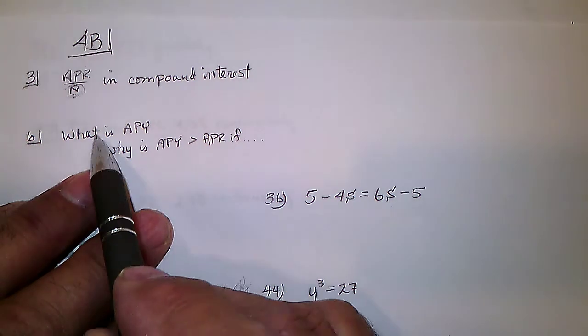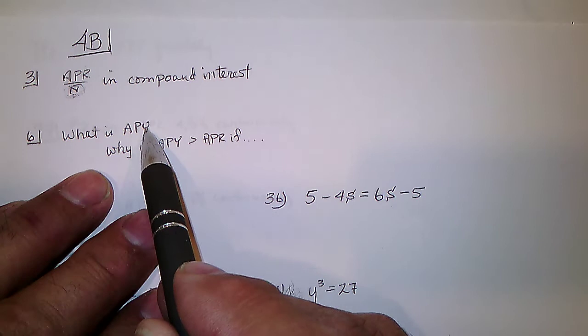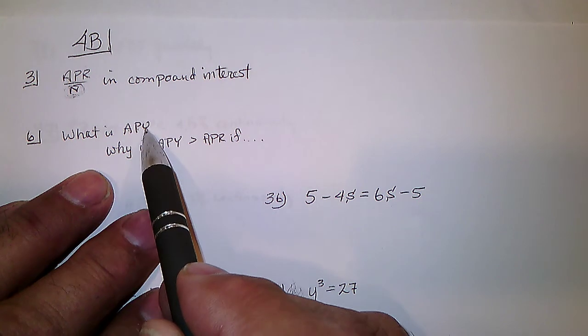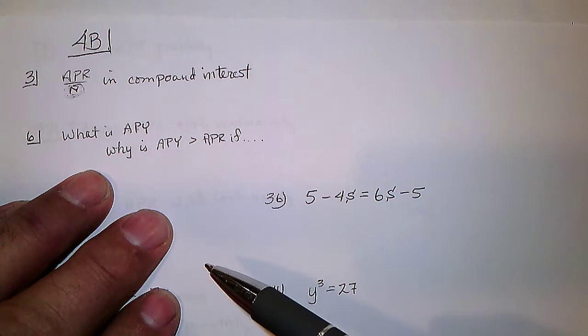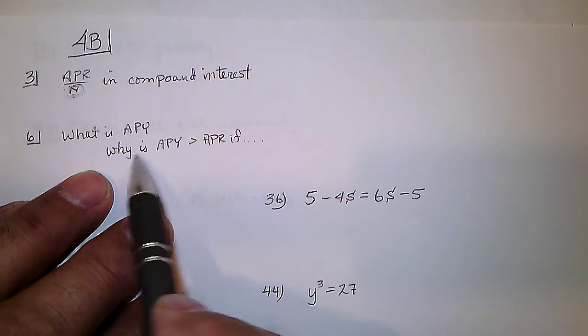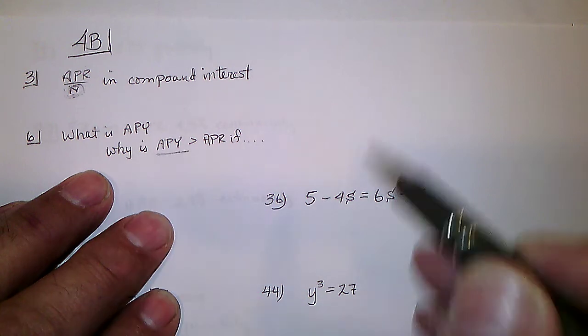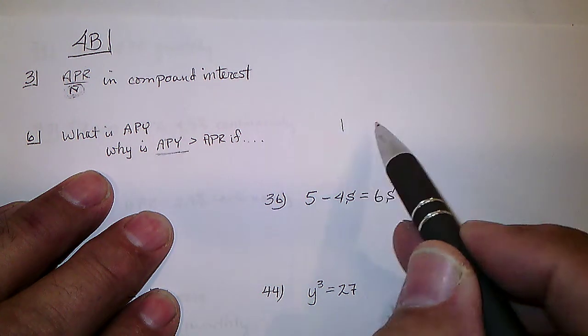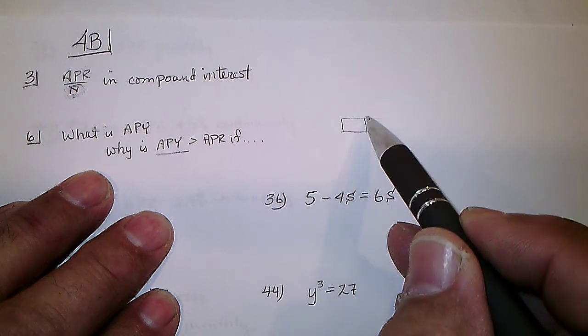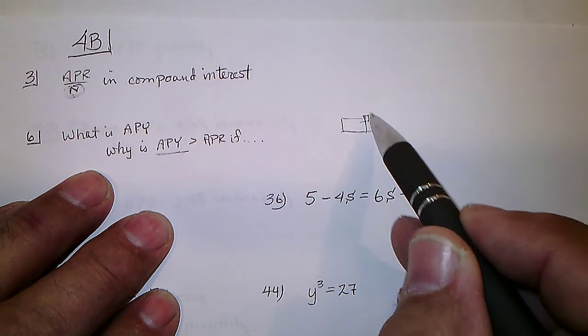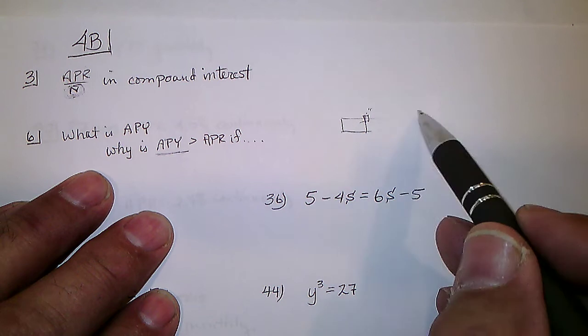And what is APY, annual percentage yield? Now that's equal to the APR for simple and compounded annually. But if you're getting your interest added more than just once a year, then you're going to get a little bit of interest, and then you're going to get interest on that interest and interest on that interest.